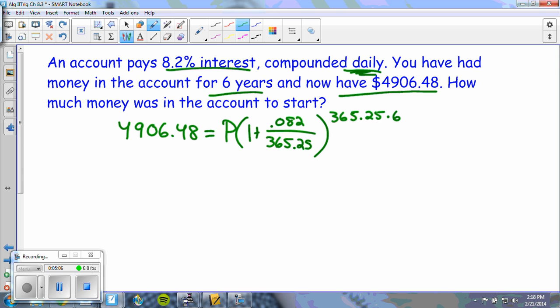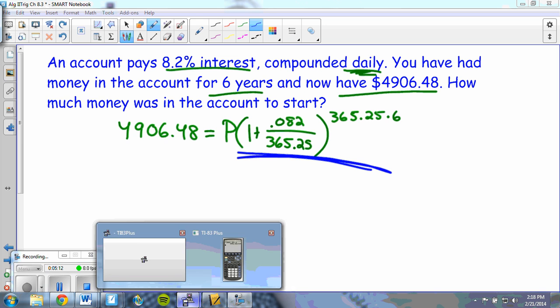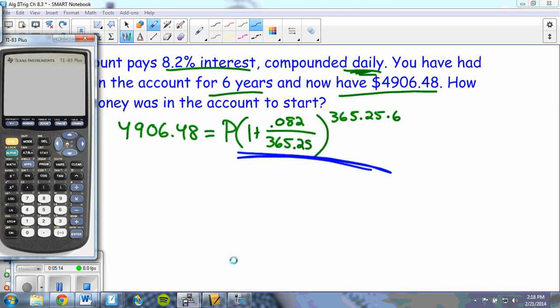Well, this piece here is what I'm going to start with. I'm going to do this first without the p. So I calculate parenthesis 1 plus 0.082 divided by 365.25, close parenthesis, to the 365.25 times 6. Take a second, does that look okay?